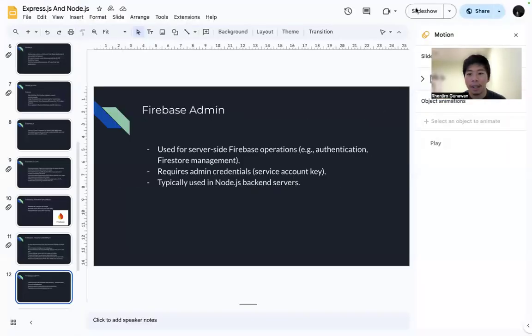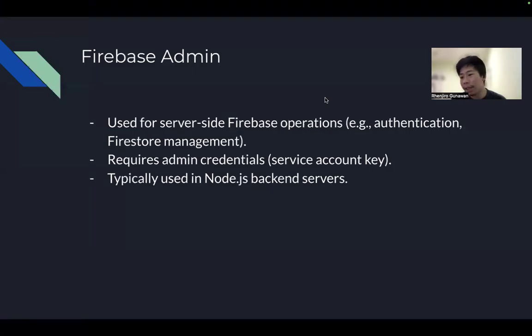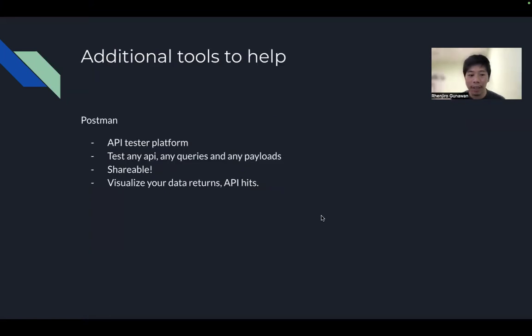Okay. And I have an additional tool to help you with your backend journey, which is Postman. Postman is an API tester platform. You can test any API, any queries, and any payloads. You can also make accounts.